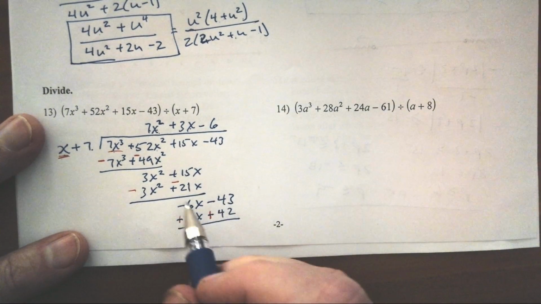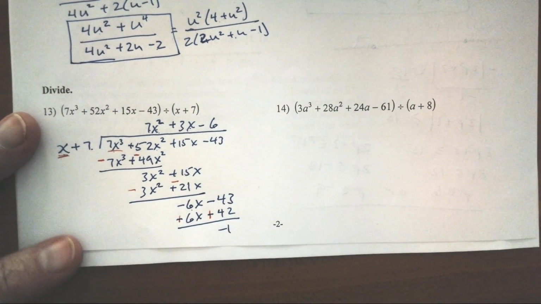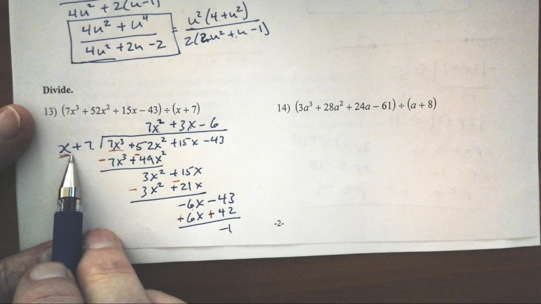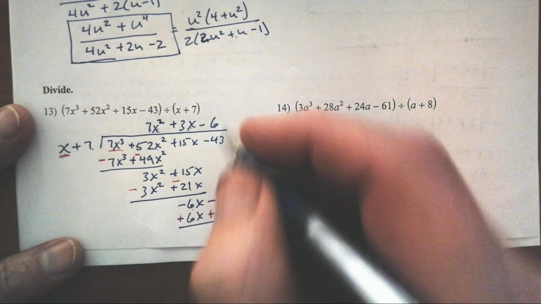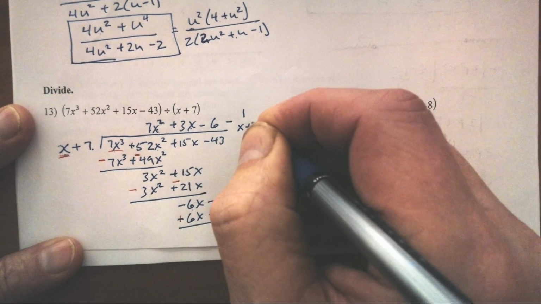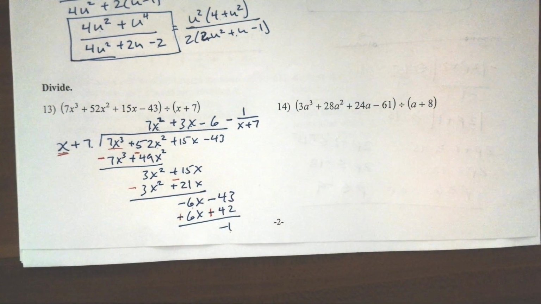And I end up with 0, negative 1. What do we do with the negative 1? Well, that negative 1 hasn't been divided by x plus 7 yet. So minus 1 needing to be divided by x plus 7.